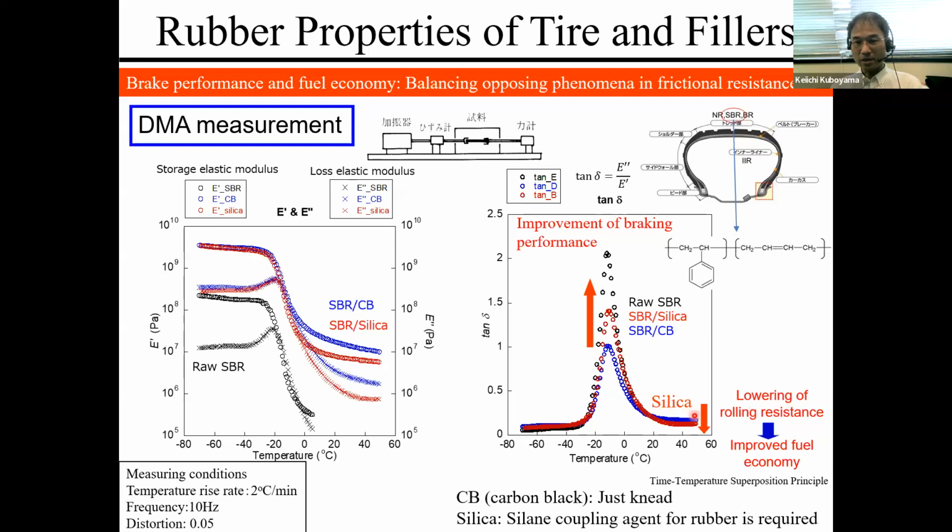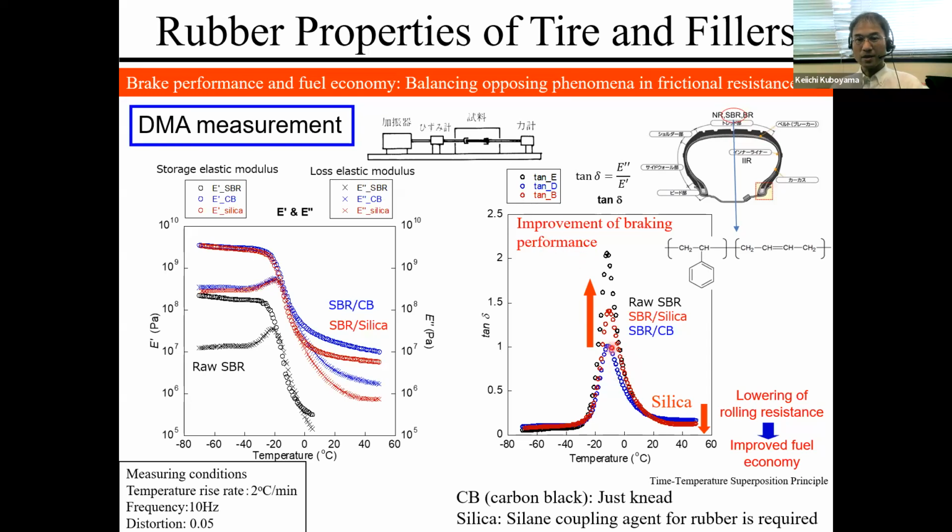Normally, the tan delta around this temperature is lower than at this temperature. And around this temperature, the property relates to braking performance.